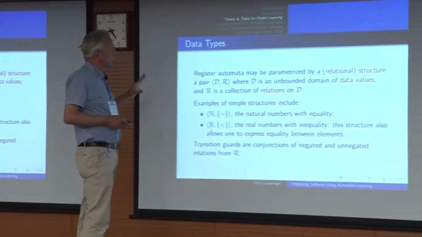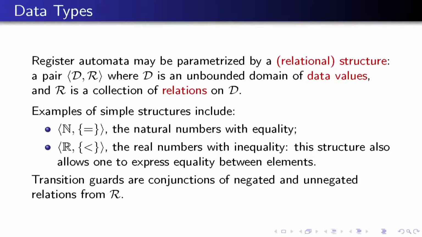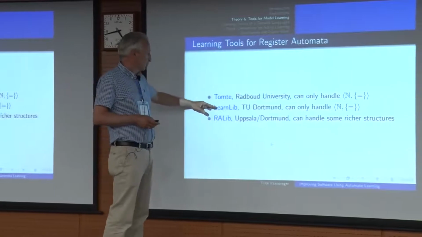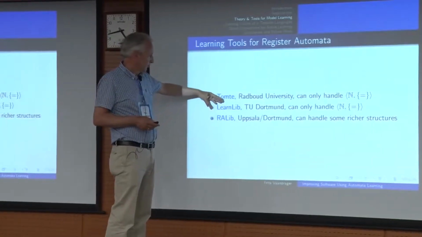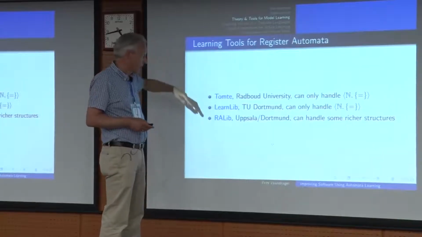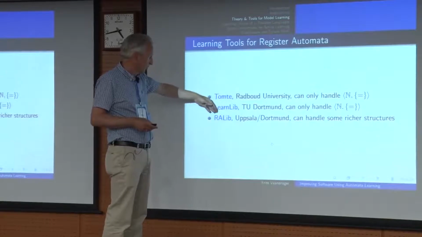So there are completely automated learning algorithms for these automata. We developed one such algorithm at Radboud University, Tomte, using an entirely different approach. There was LearnLib support, learning the same class of systems, so also with natural numbers and equality.